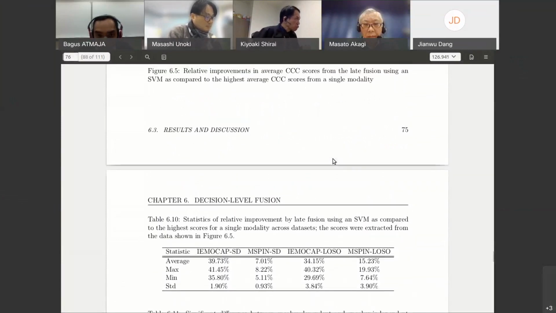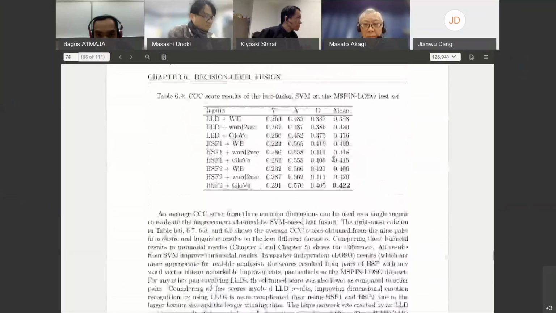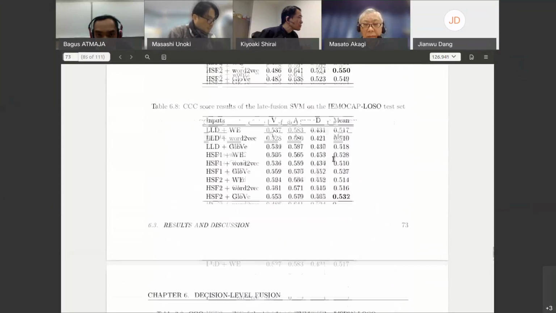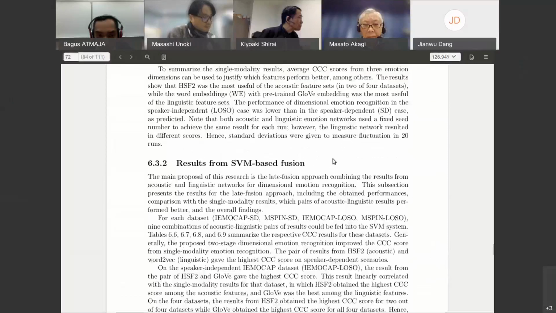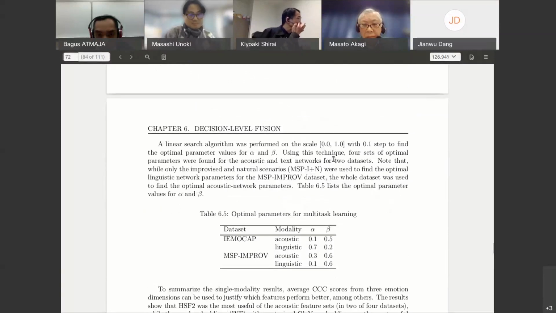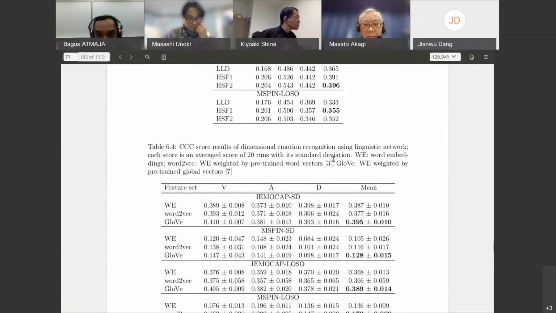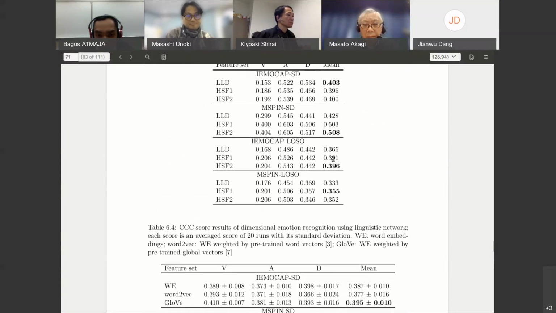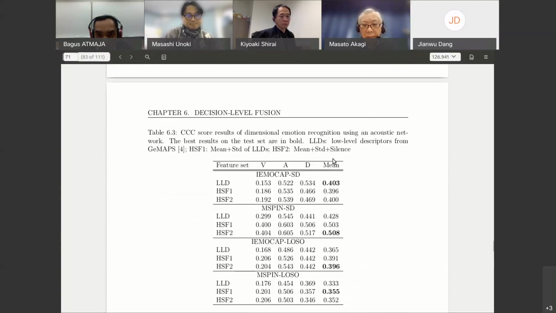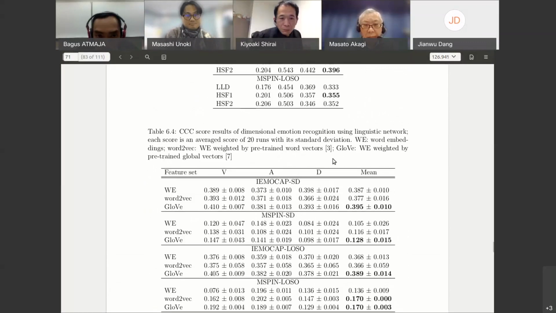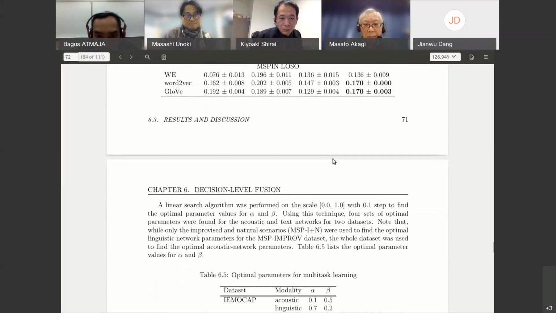Oh, speaker dependent. I think in this one I saw it but I didn't say it.